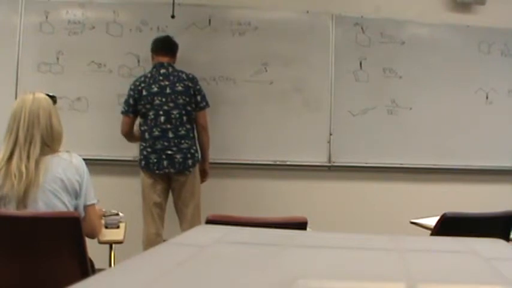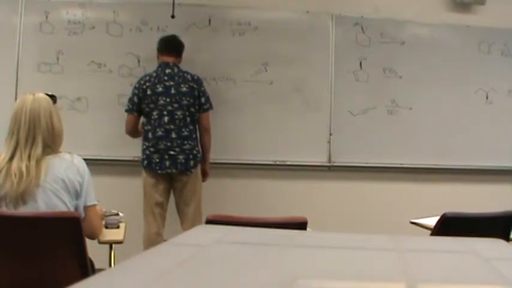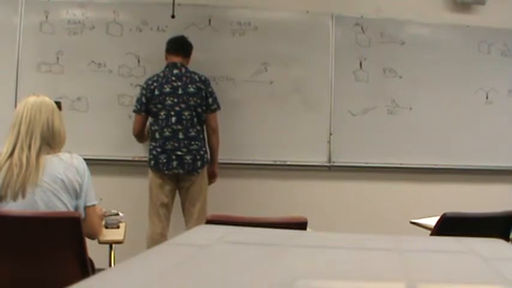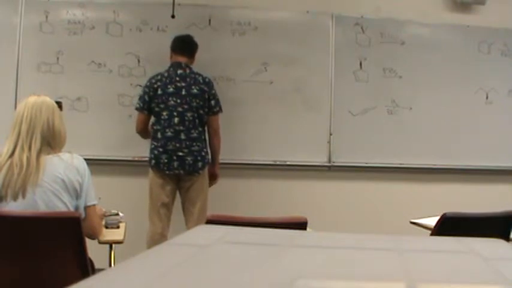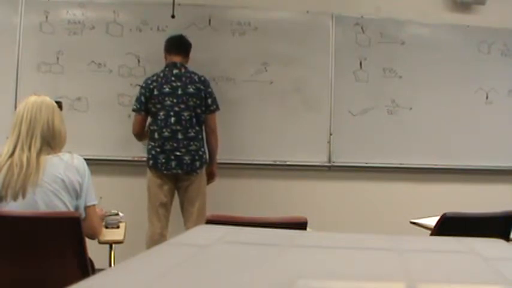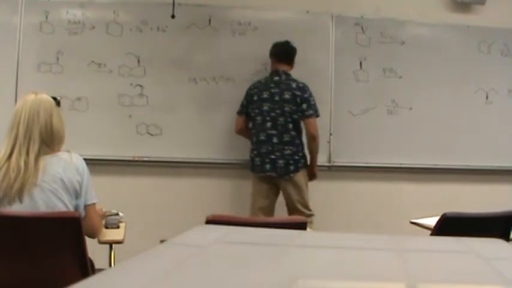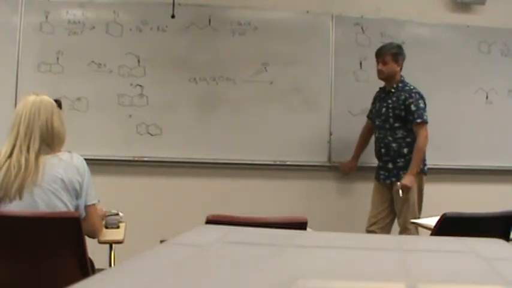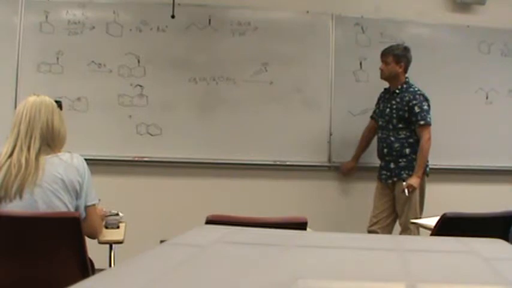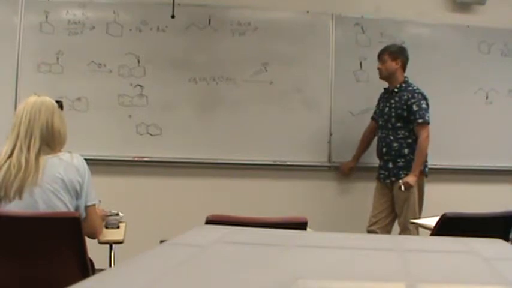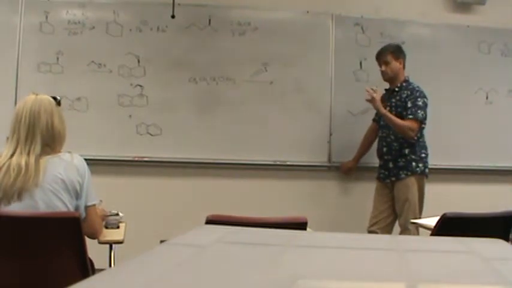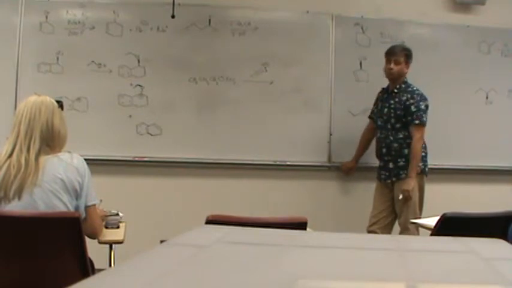If it had been a good nucleophile like cyanide or azide, you probably wouldn't get any elimination. Is the one on the top the main one? Major? No, if you look at the chart that we have, with this one, there's no real way to predict.